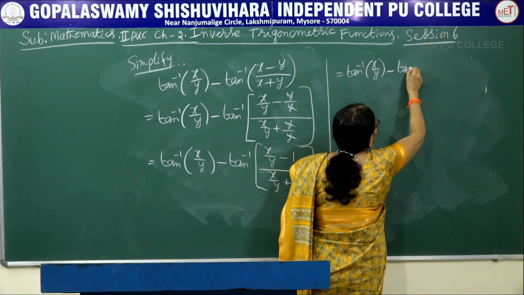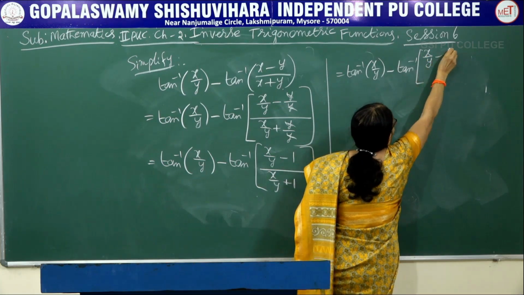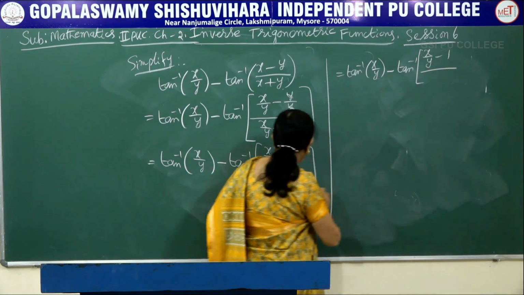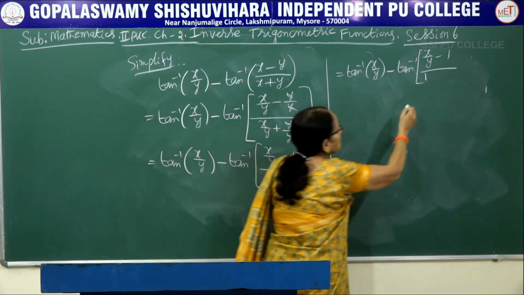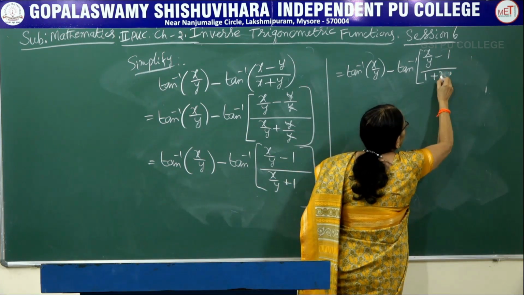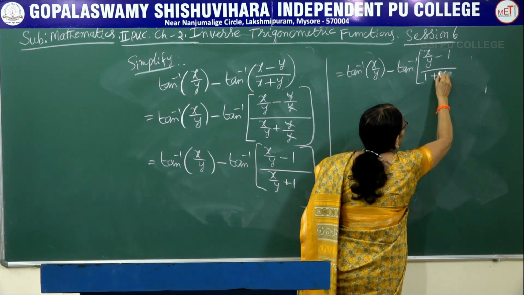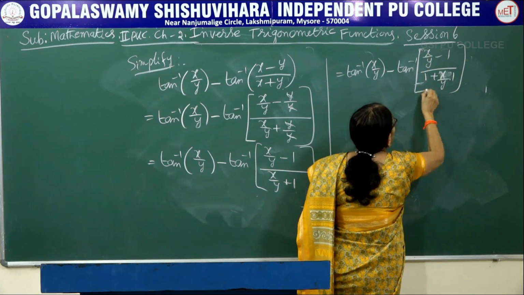It is tan inverse of, write the numerator as it is, x by y minus 1 divided by, first I am writing 1 here, and x by y I write like this, 1 into x by y.